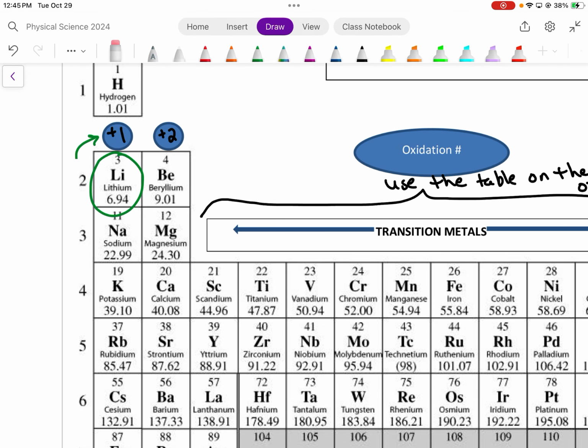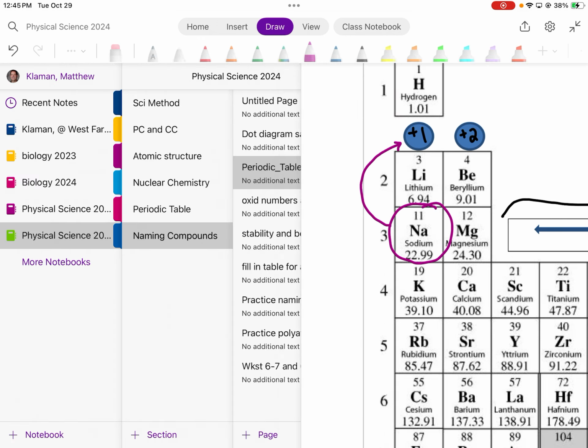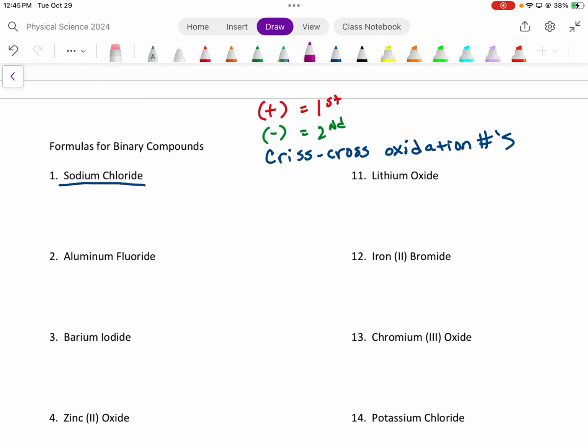And here's sodium. Sodium is a capital N, lowercase a, and it's a +1. So I'll take those 2 pieces of information and come back to my sheet. Sodium is Na, +1. Chlorine was Cl, -1.